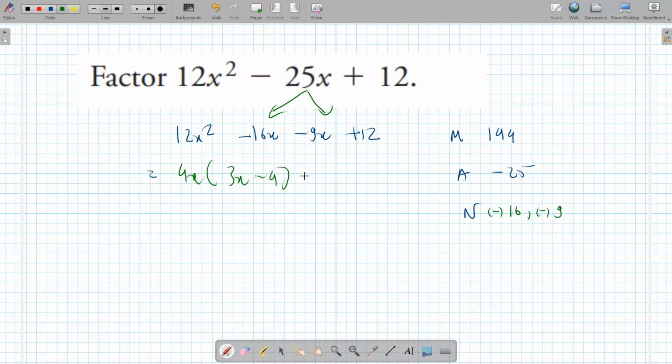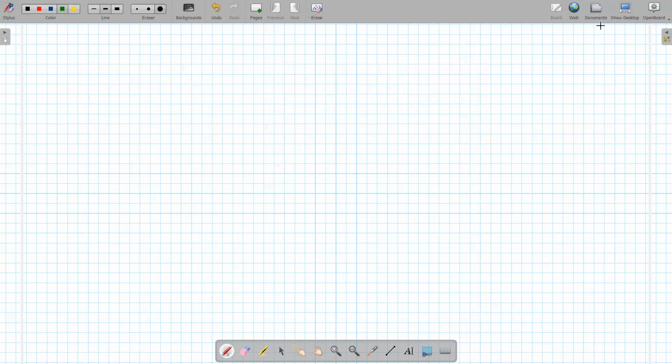Positive 3 or minus 3? Minus 3. Yeah. What are we left with? 3x minus 4. Right. So it's going to be 4x minus 3, 3x minus 4 as your final answer.